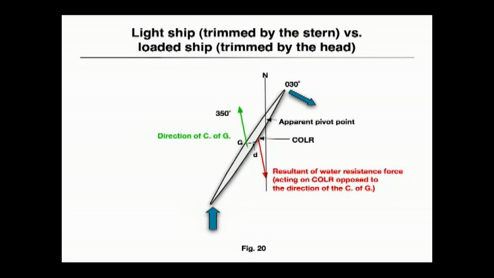Let's say 030. The more important underwater area ahead, combined with overpressure around the bow of these ships, bring the center of lateral resistance well forward of amidship. This means that relative to the new direction of the center of gravity, the center of lateral resistance would be some distance d off to the right.